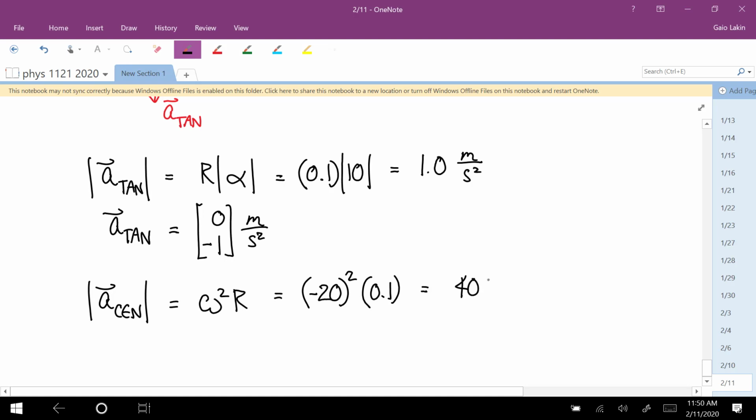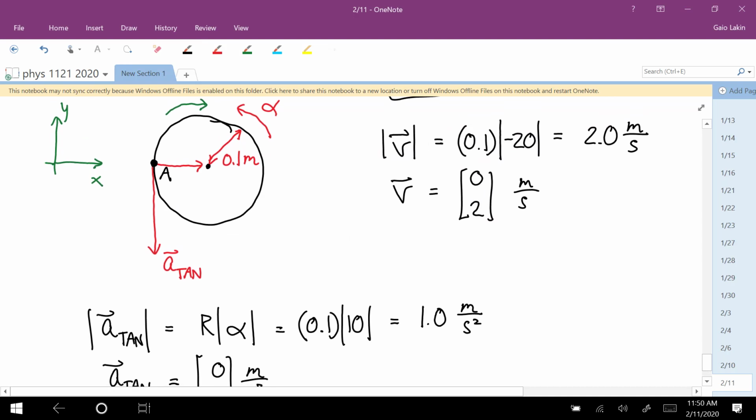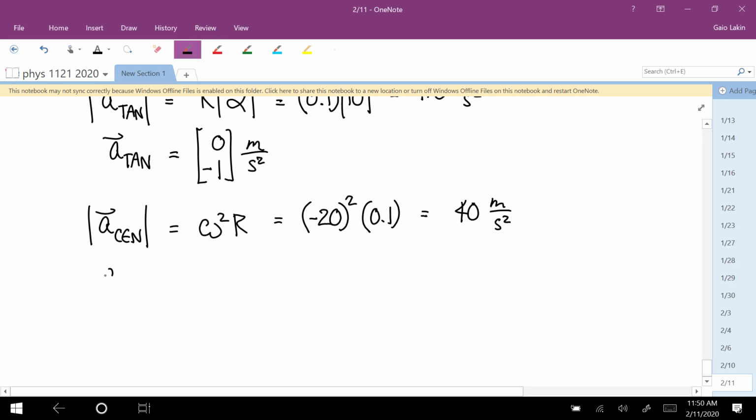So that's 40 meters per second squared. That's in the positive x direction. We figured that out earlier. I just didn't label it. And so the centripetal acceleration is positive 40, 0 meters per second squared.